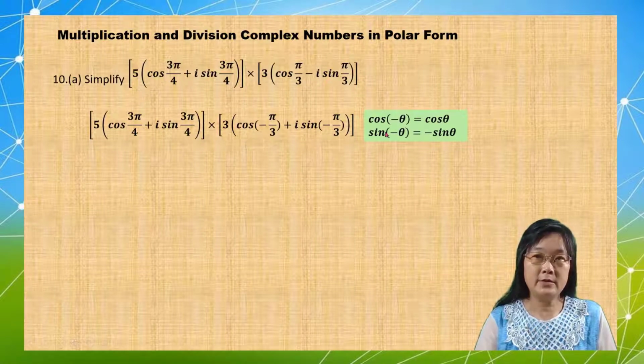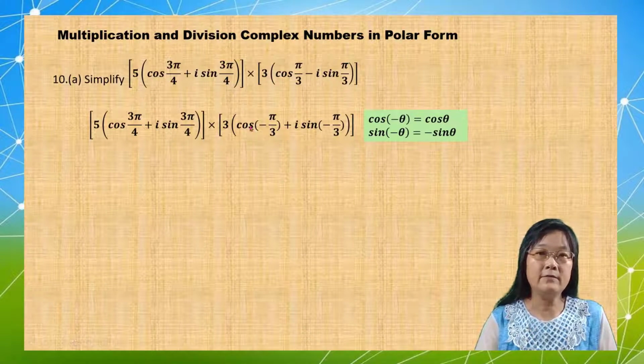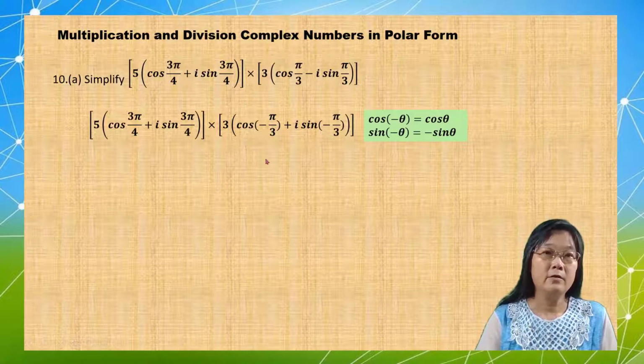This is because we are using this formula. So when we look at here, cos negative pi over 3 is equal to cos pi over 3. Sine negative pi over 3 is equal to negative sine pi over 3. So now after this, we find that this is the correct polar form. So now we can do the multiplication.